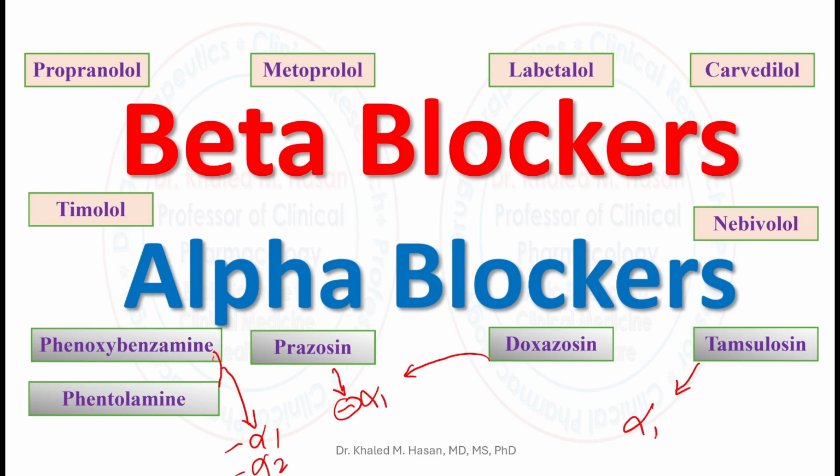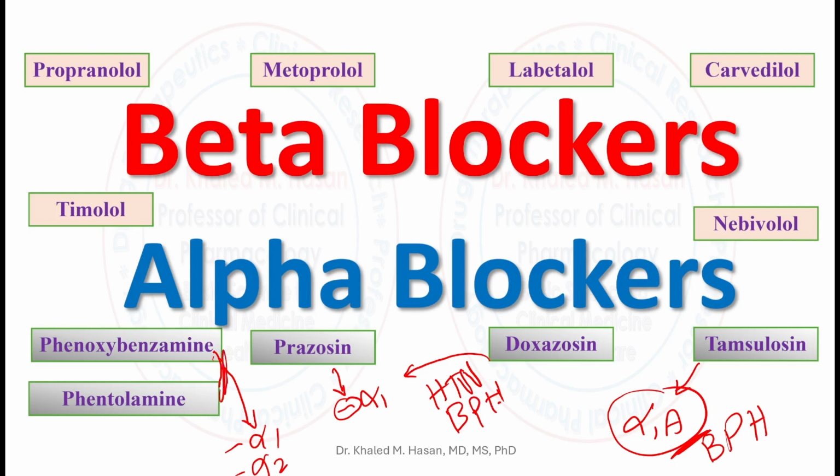Tamsulosin blocks alpha 1A receptor, and this one is available in the bladder neck, and we use it for benign prostatic hyperplasia. Doxazosin and prazosin, we use for hypertension and for benign prostatic hyperplasia. Phenoxybenzamine and phentolamine, we use for pheochromocytoma and for Raynaud's disease. And this is a brief discussion about alpha.